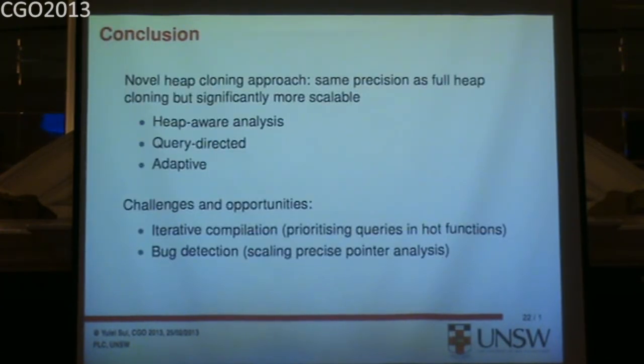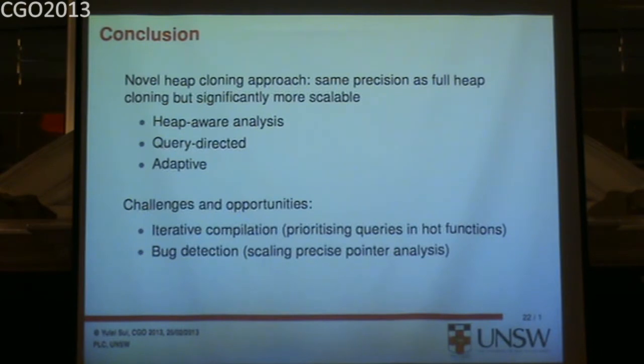Okay, finally, let us move to the conclusion. Our work proposed a novel heap cloning approach that achieves the same precision as full heap cloning, guided by the alias queries.